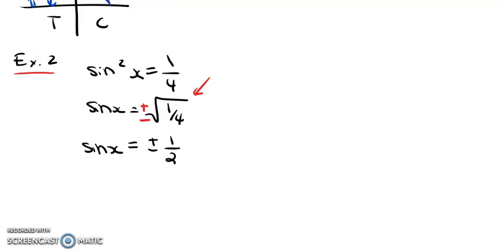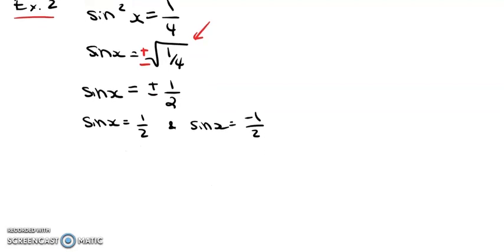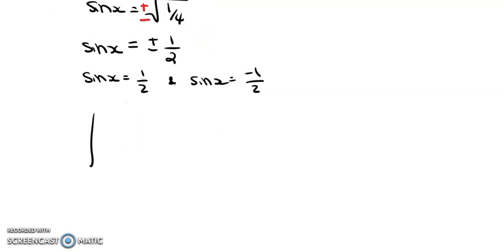Okay, to simplify this a bit more, we say that sine x is equal to 1/2, and sine x is equal to negative 1/2. All right, so now we want to think about, again, where is sine equal to 1/2 in our CAST model and using our special angles, and where is sine equal to negative 1/2? Okay, so let's start off with positive 1/2.